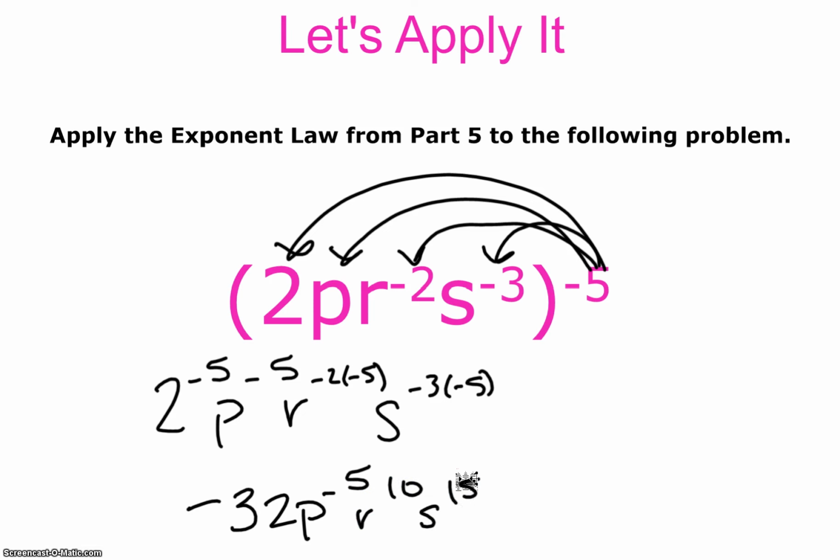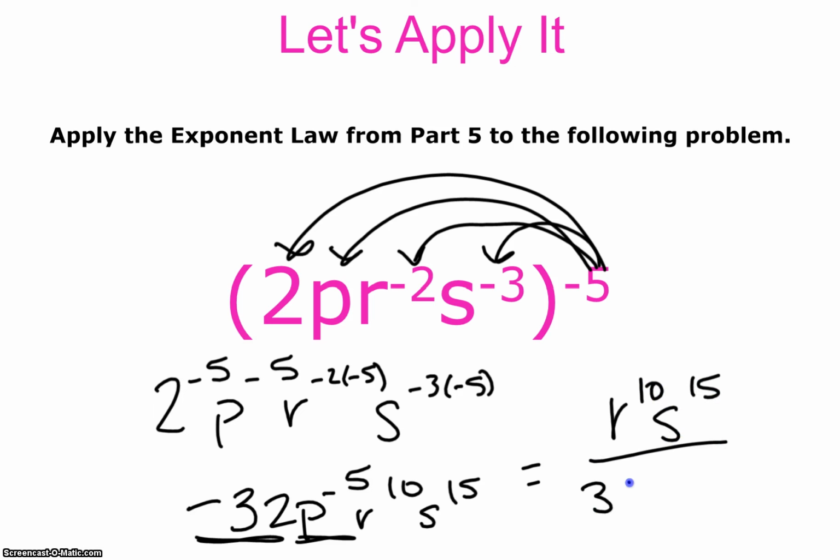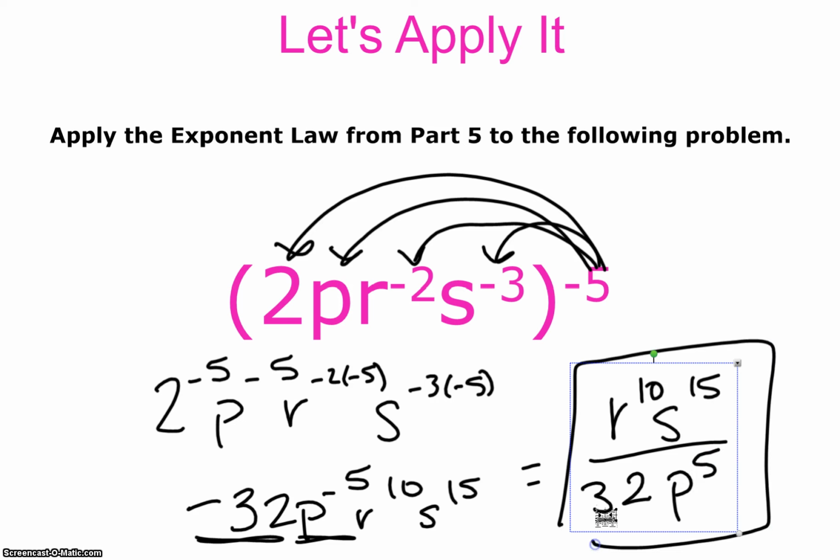Remember, when you multiply negatives together, they become positives. Because I have a negative here and a negative here, I want to make it look like a fraction. So I'm going to have r to the 10, s to the 15th over 32, p to the 5th. And that is your answer.